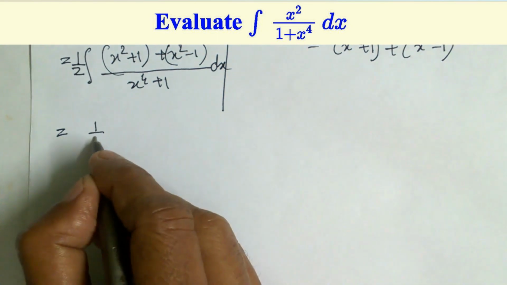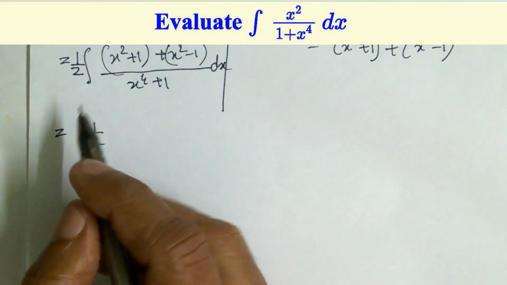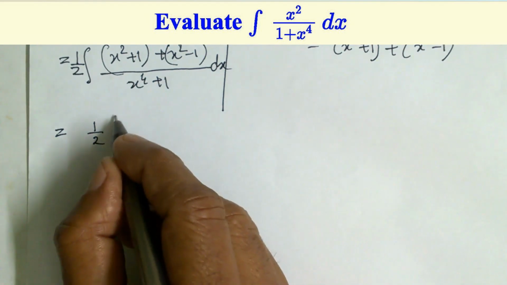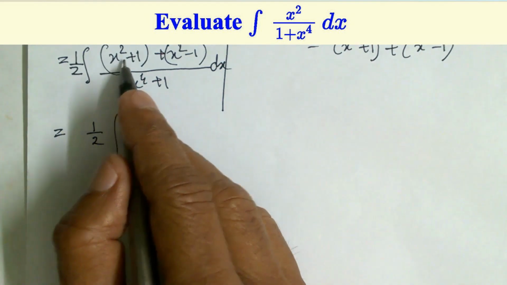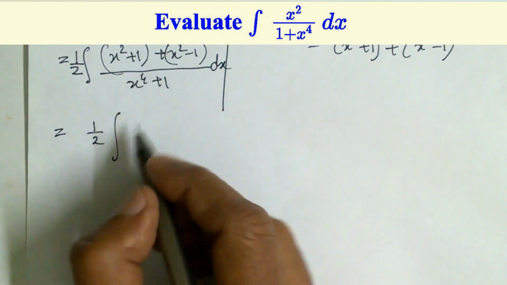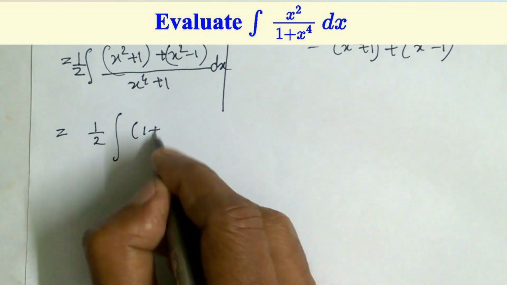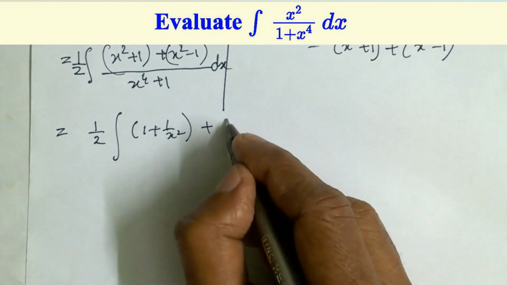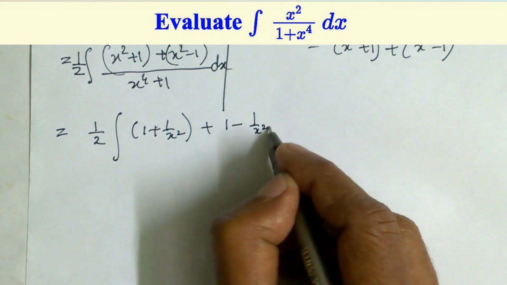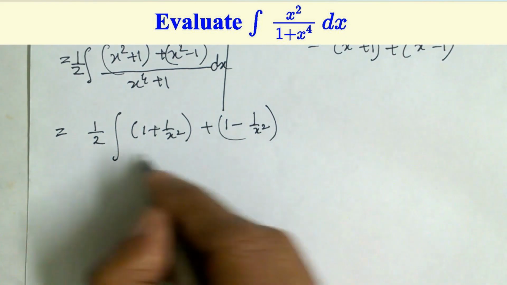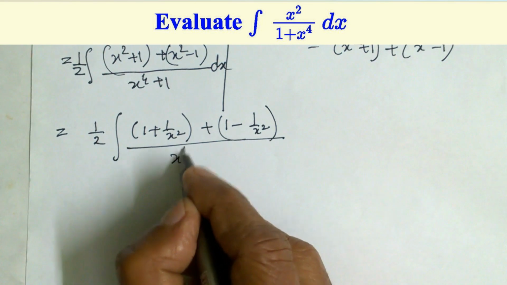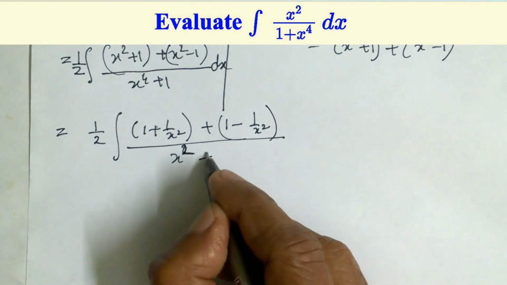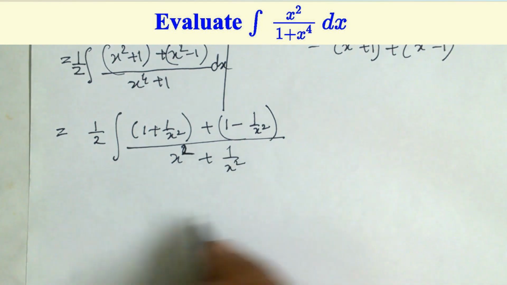Now half, divide numerator and denominator by x square. So what will be the numerator? Each term divided by x square, that means 1 plus 1 by x square plus 1 minus 1 by x square, dividing by x square plus 1 by x square.